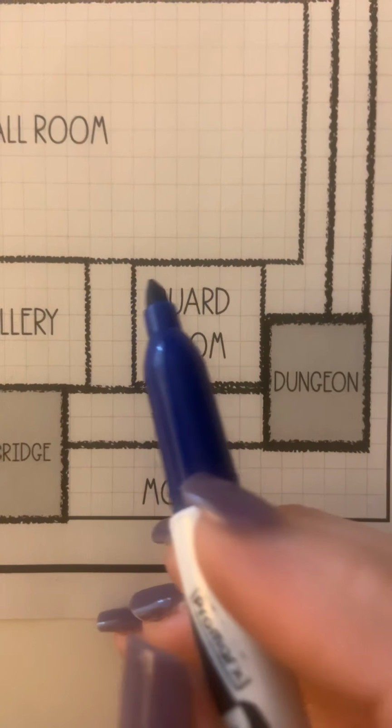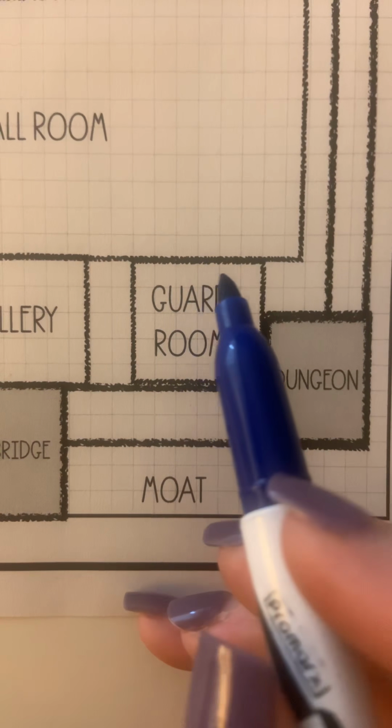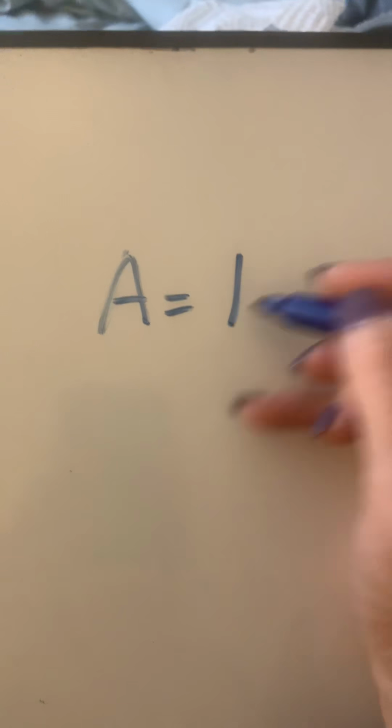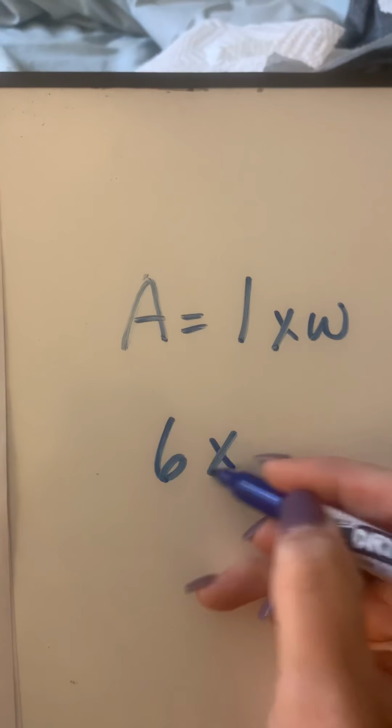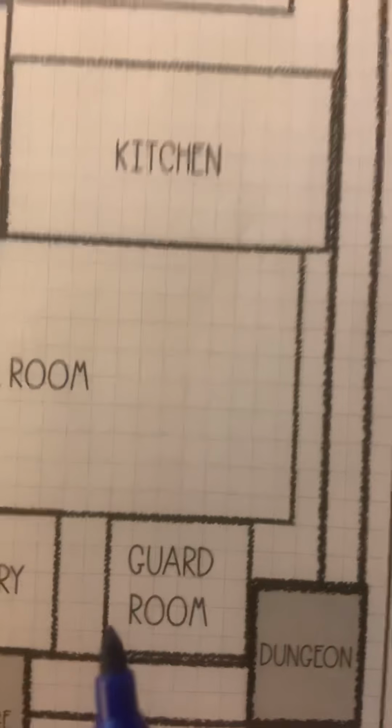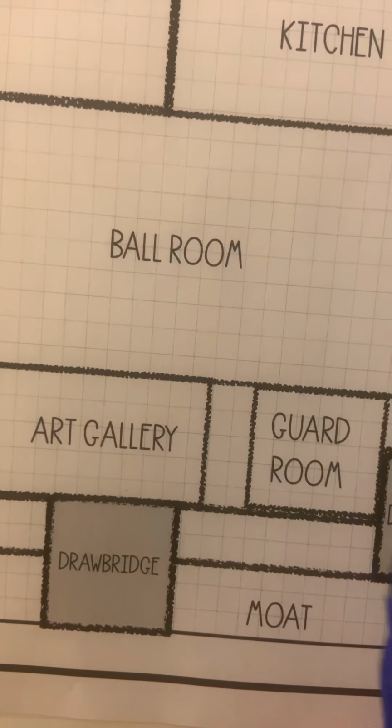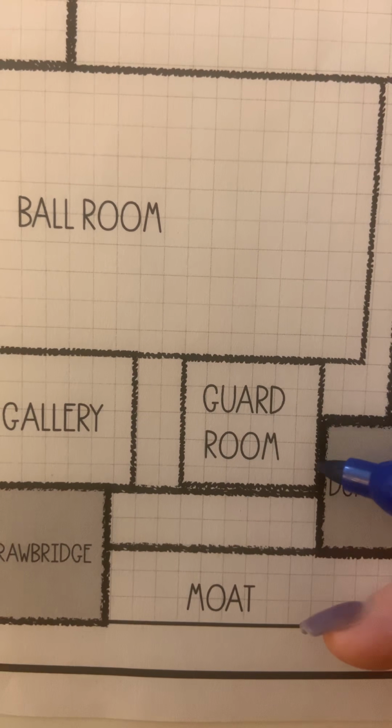So let's see, we have 1, 2, 3, 4, 5, 6. So I have 1, 2, 3, 4, 5.